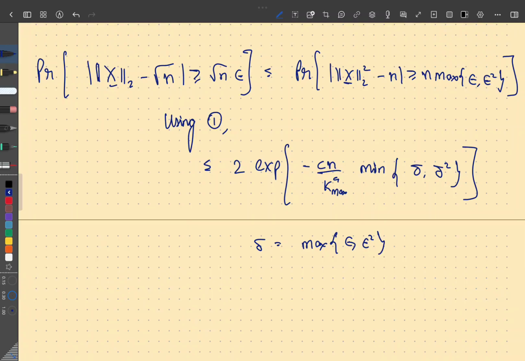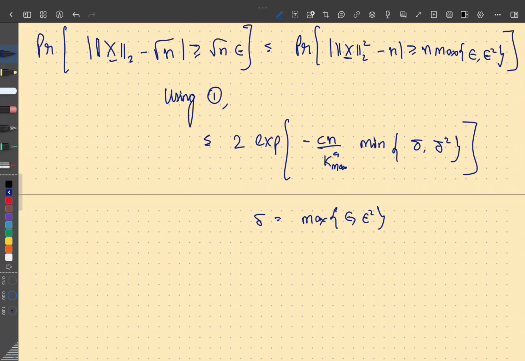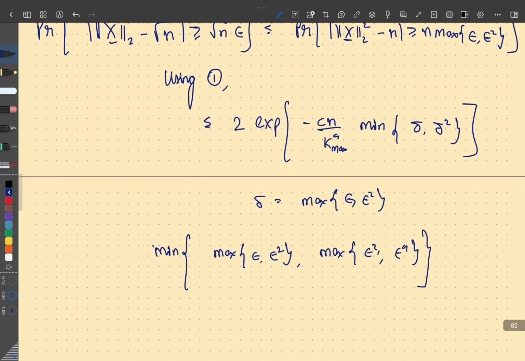Okay. So basically what I have is min of max epsilon, epsilon square, and max epsilon square, epsilon power 4. And I claim that this is always equal to epsilon square.